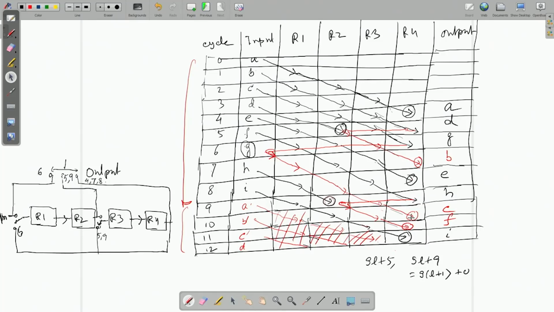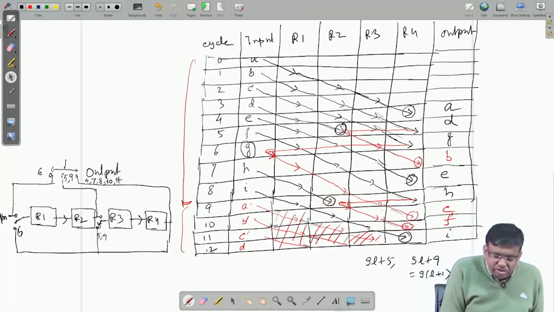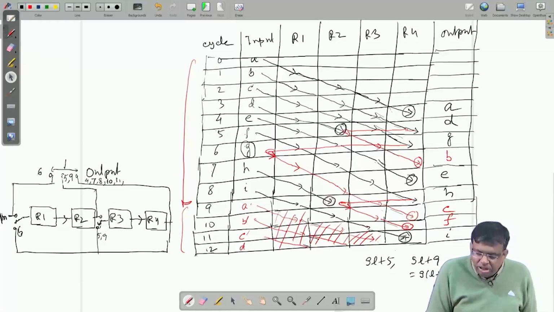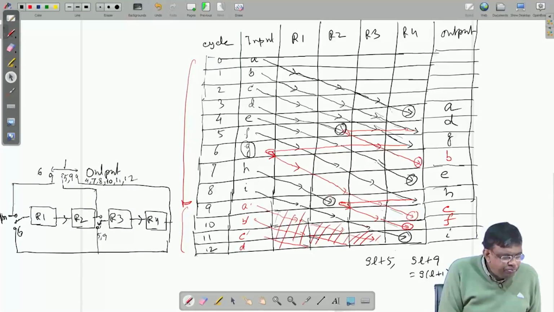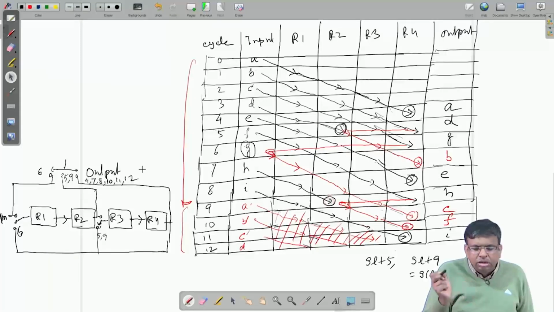Then here 10. 10 in Parhi's book will be 10 modulo 9, which is 1, so he will write 1, but I am writing 10. Then 11, which in his book or some other literature will be 11 modulo 9, which is 2, so they will write 2, I am still writing 11 here. And similarly 12 in his book will be 12 modulo 9, which is 3, but I am writing 12. All right, so this is a circuit.